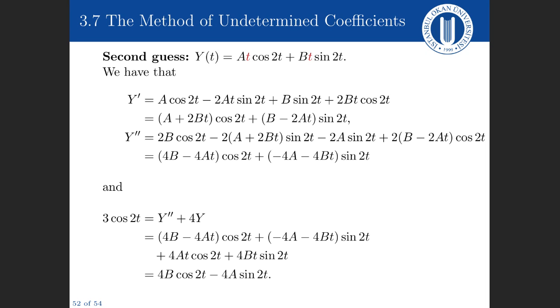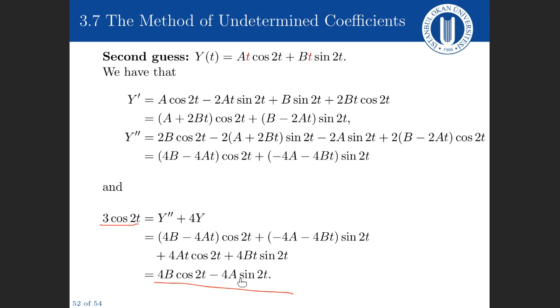We use our same method. We differentiate twice. We substitute into the differential equation, and we get 3 cos 2t is equal to 4B cos 2t minus 4A sine 2t. This we can solve.